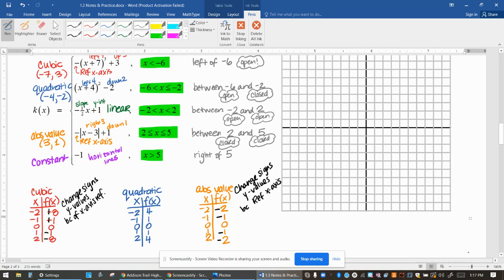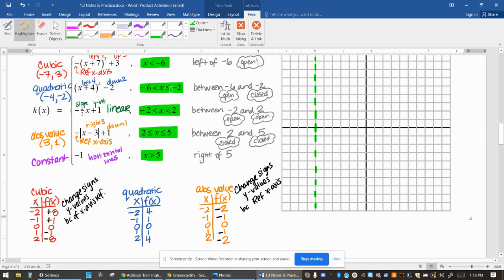Okay, so what I'm going to do now is take a highlighter and draw vertical lines on the x-axis that pass through those cutoff points. So one of the cutoff points is -6. So I'm going to draw a line that passes through the x-axis at -6.